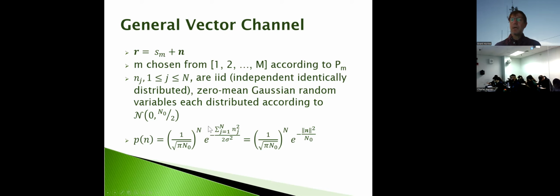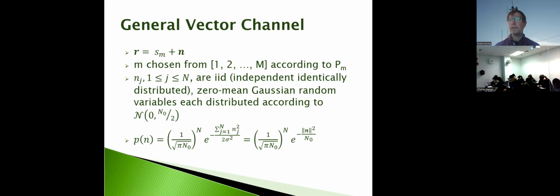So we can describe the PDF, or the probability density function, of this random variable n. Because there are capital N of these, they're going to be multiplied together. They're independent, so we don't need to worry about any conditional probabilities.